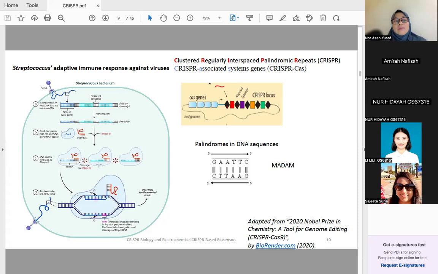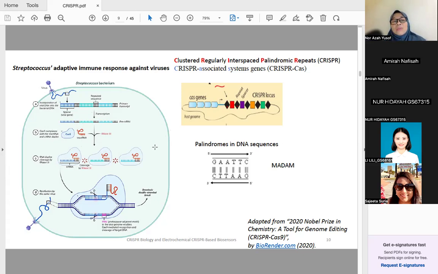It means that if they find the virus which the bacteria has the memory of, these complexes, the Cas and the tracer RNA, will cleave the virus. So sort of it will kill the virus. So that's how the defense mechanism of the bacteria works.